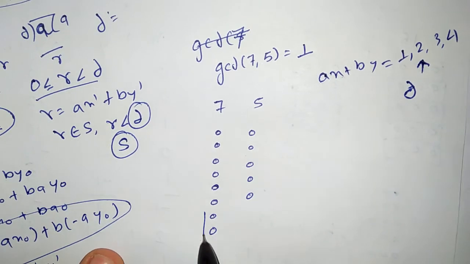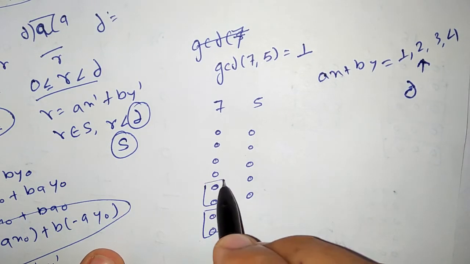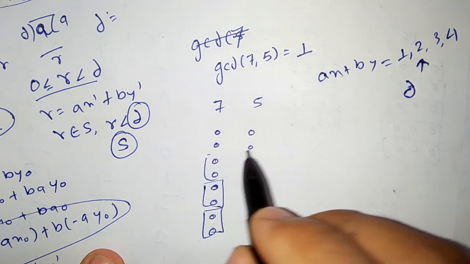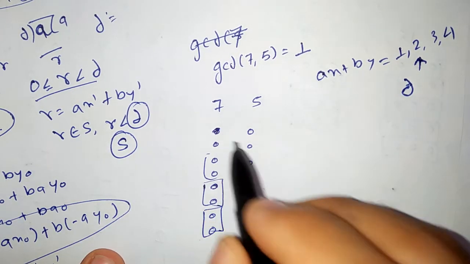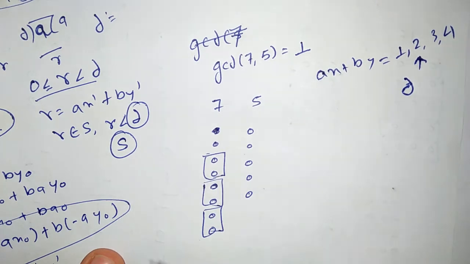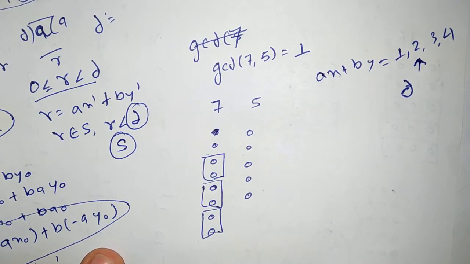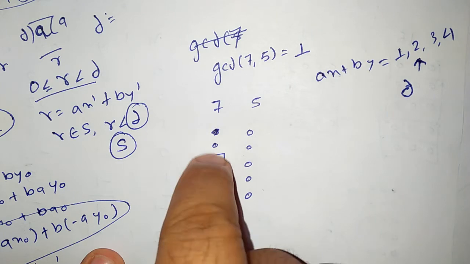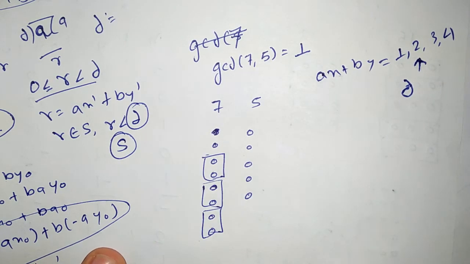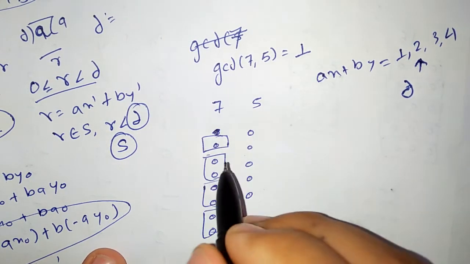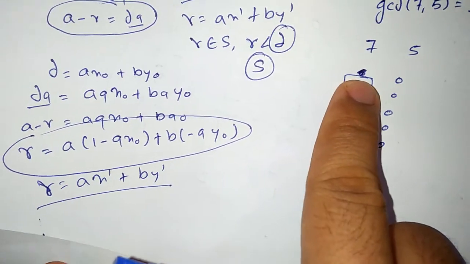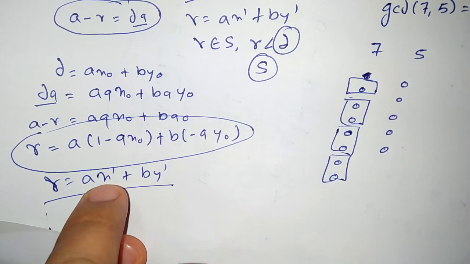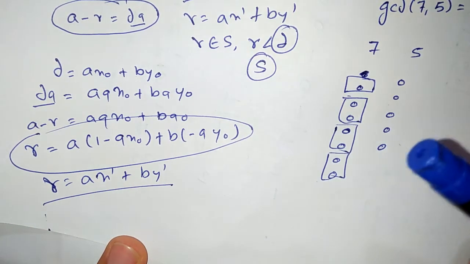If we try to break this down as chunks of 2, oh sorry, I drew 8 here, so let me minus 1. If we try to divide 7 as chunks of 2, 1 2 3 4 5 6 7, then a remainder remains. From here we know that this remainder is actually a linear combination of A and B. We know that this exists in this set.